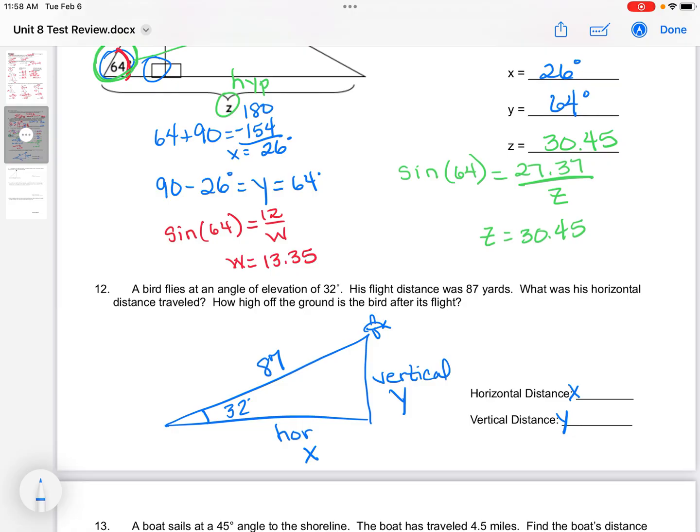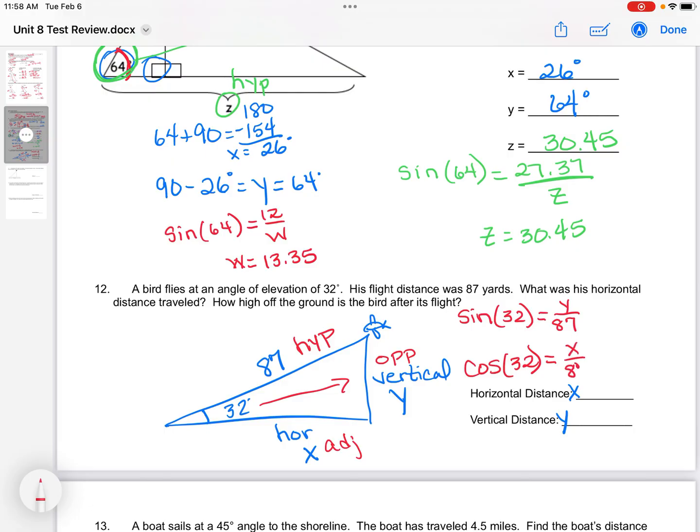So opposite, adjacent, hypotenuse. So sine of 32 equals y over 87, and cosine of 32 equals x over 87.